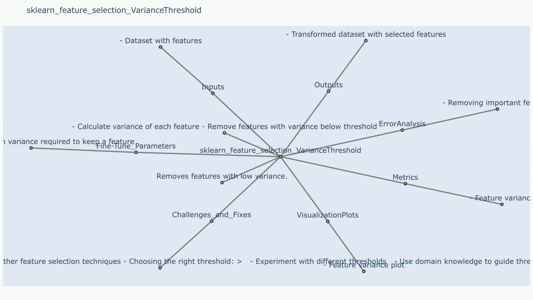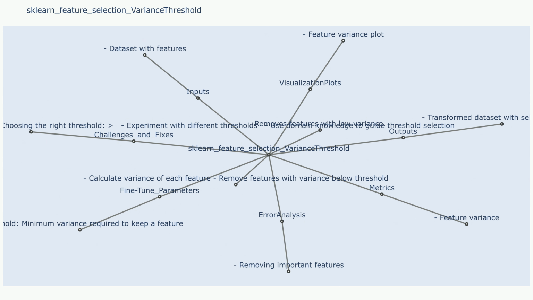Challenge 3. Handling correlated features. Variance threshold does not consider correlations between features. If two highly correlated features exist, variance threshold might remove one of them, even though both could be valuable for the model. Sample use case that resulted in challenge 3.